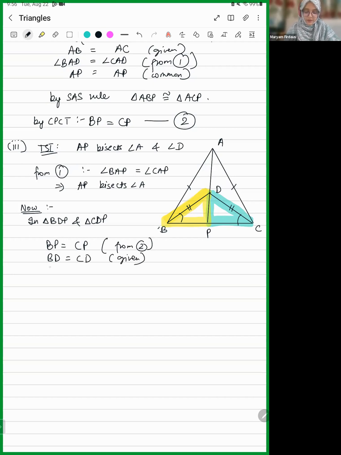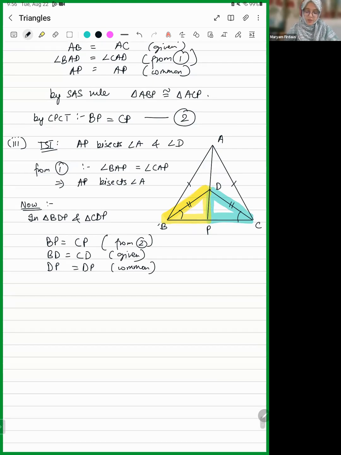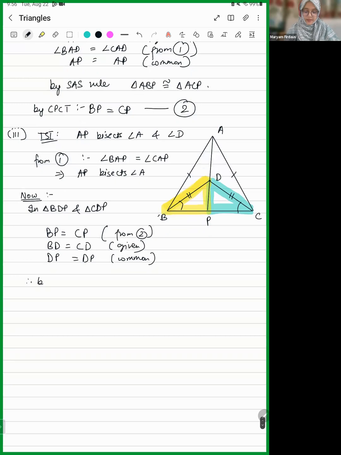Then DP equals DP, common. You can also use the angle in between instead of using this side. It will become SAS. Your wish. Therefore, by SSS rule, triangle BDP is congruent to triangle CDP.